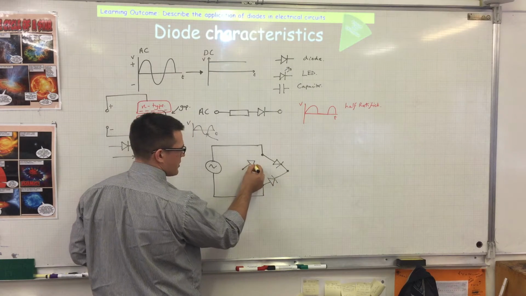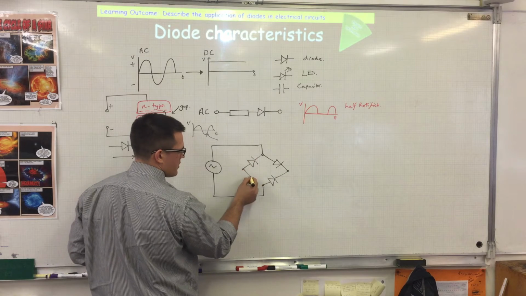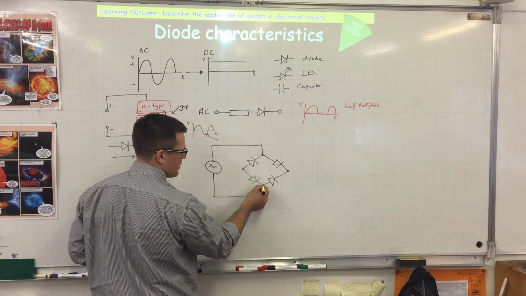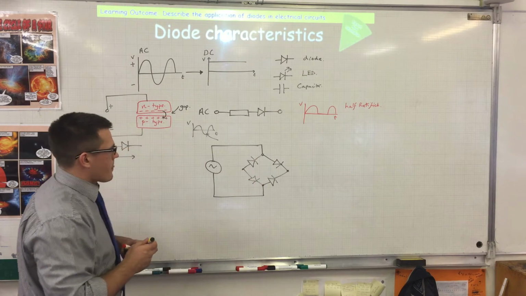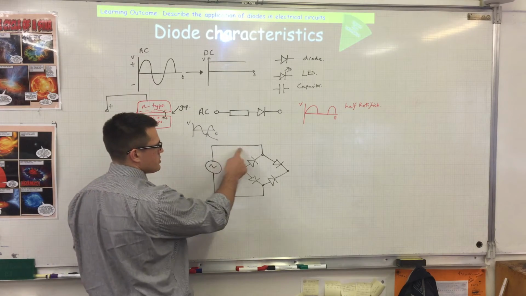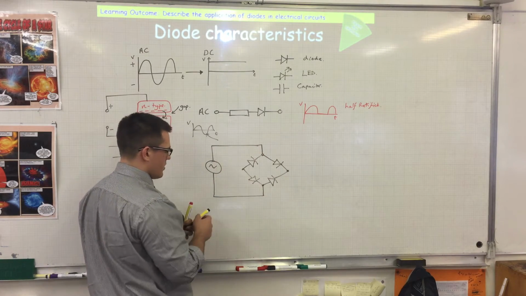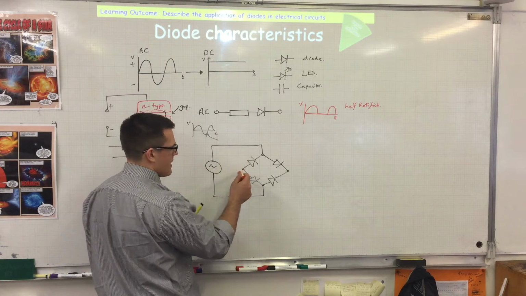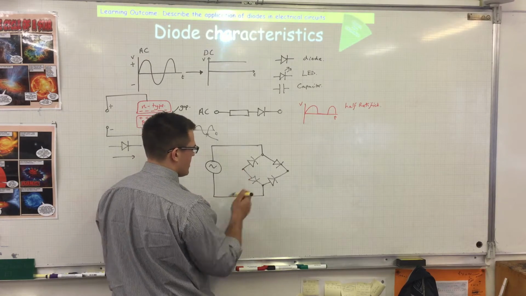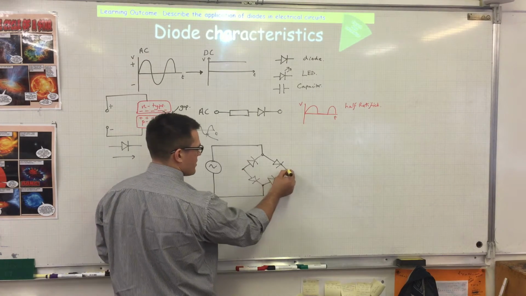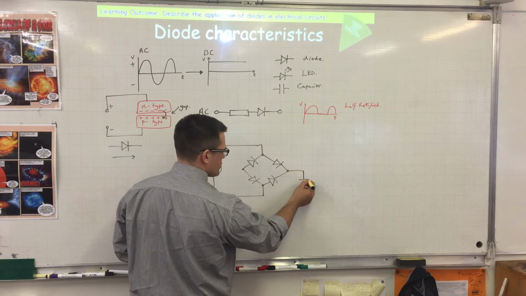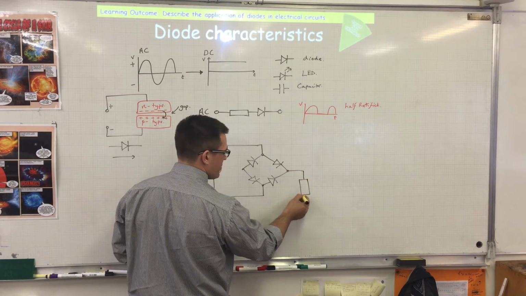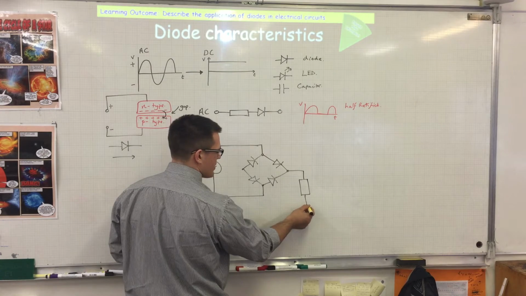I'm going to complete this part of the circuit first. Like so. And on this diagram, you can imagine the two inputs are coming into the top and the bottom of this square, and the outputs are on the sides. So I'm going to connect this, first of all, to a resistor, or it could be a bulb, or some output in the circuit.